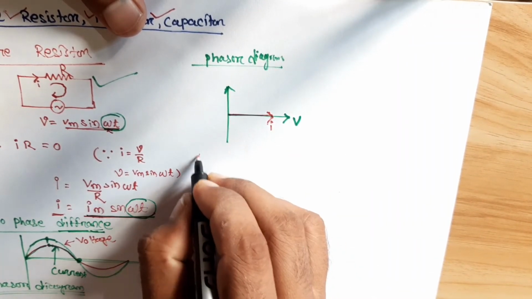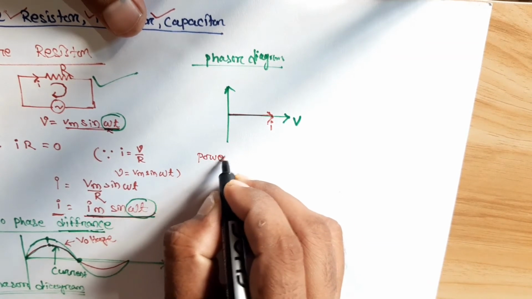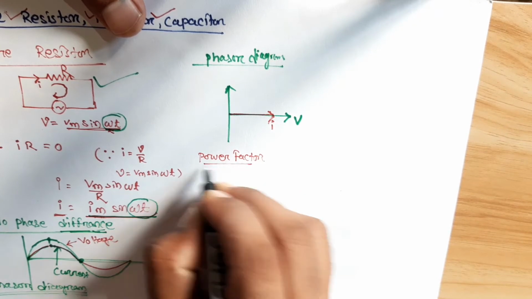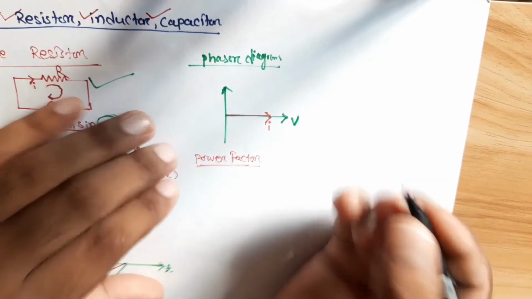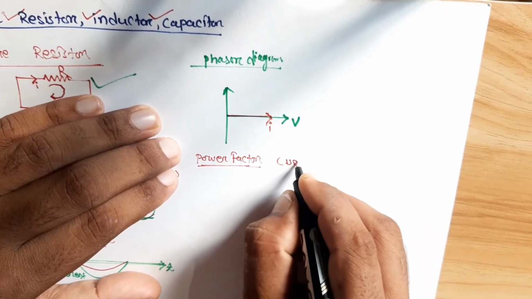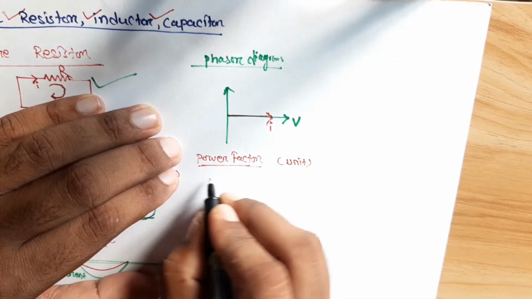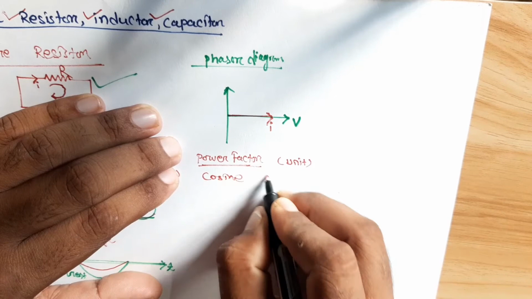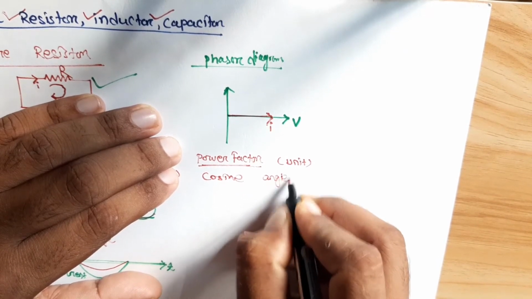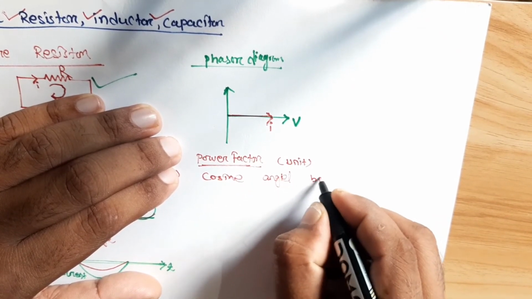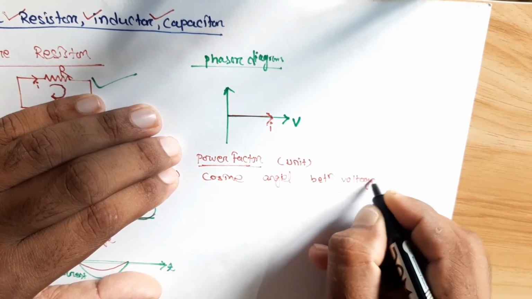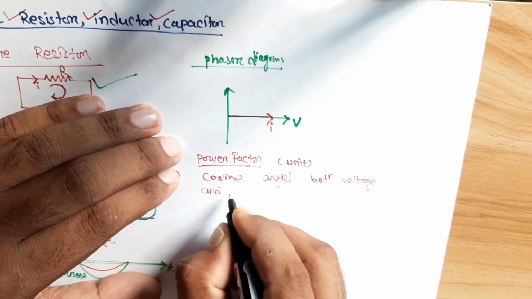When you consider the power factor in case of a resistive network, it is unity power factor. The power factor is the cosine of the angle between voltage and current.